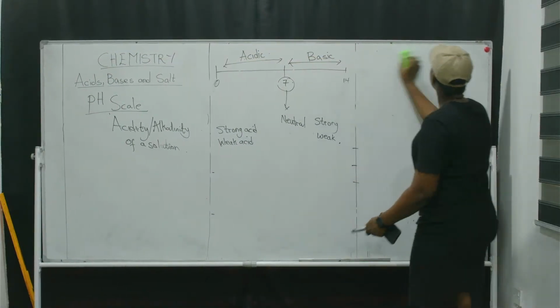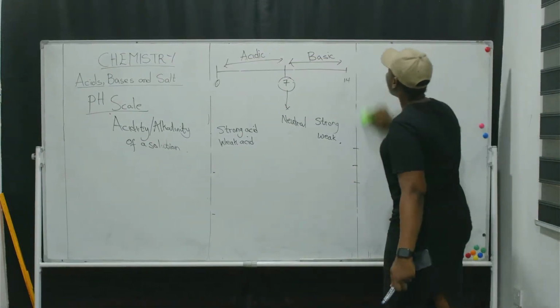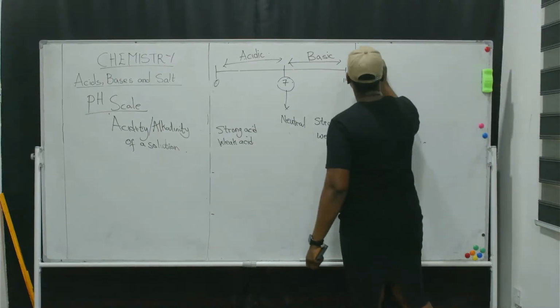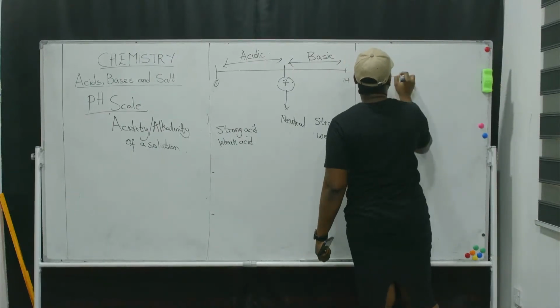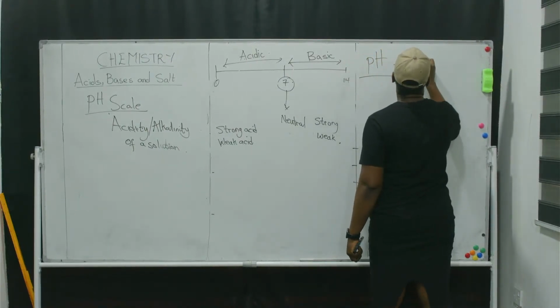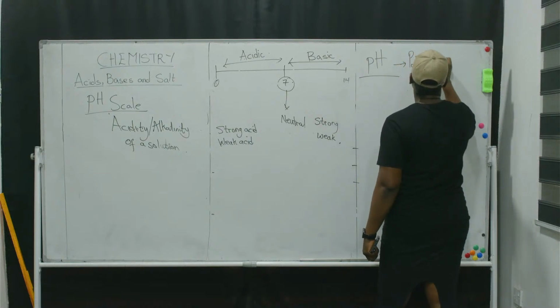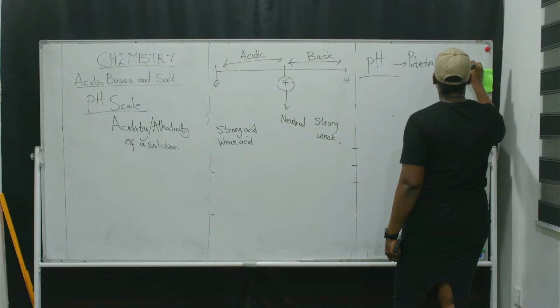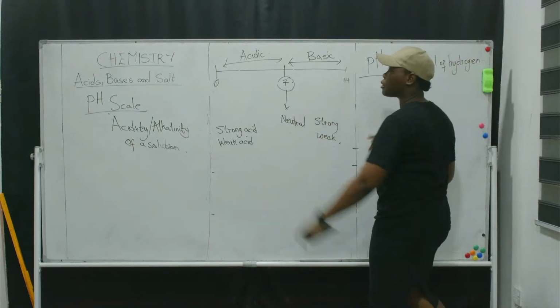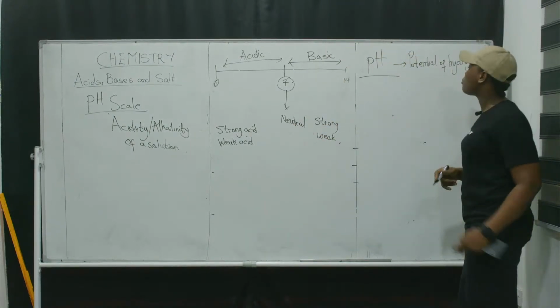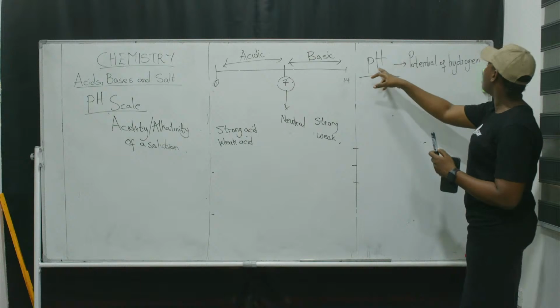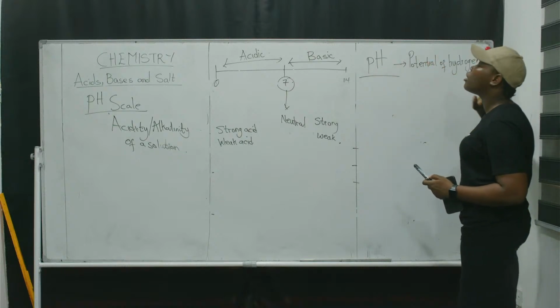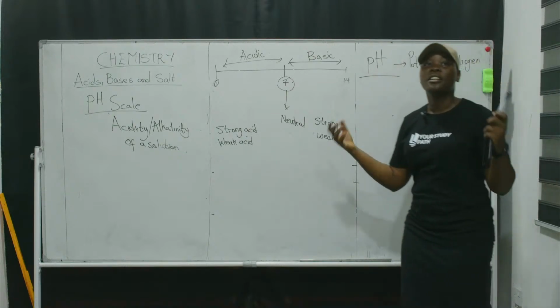Now, what is pH itself? We've talked about the scale. Now let's talk about pH itself. The full meaning of pH is potential of hydrogen. Then what is it by definition?